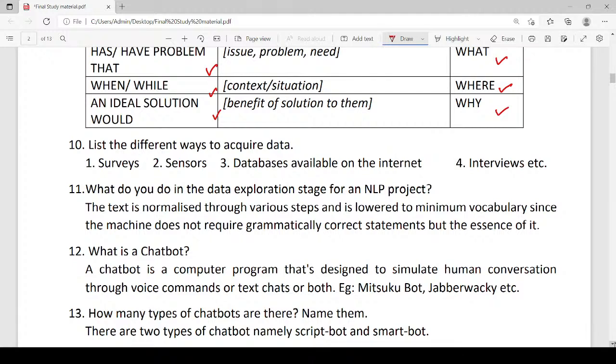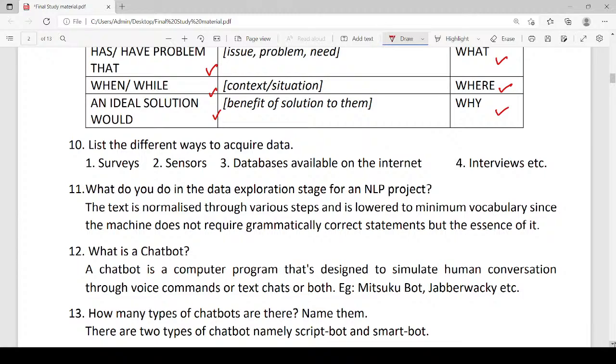Of this, which is AI based? Scriptbot is AI based or smartbot is AI based? Which one is based on AI? Okay, great. Smartbot. Wow, all of you are giving the right answers.